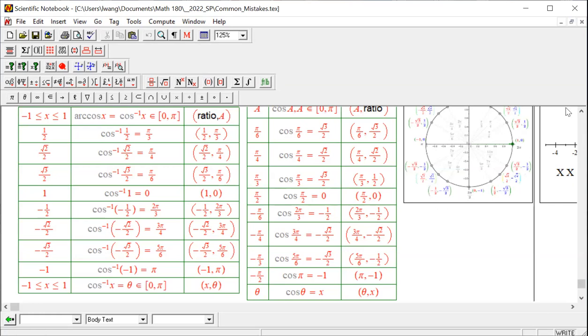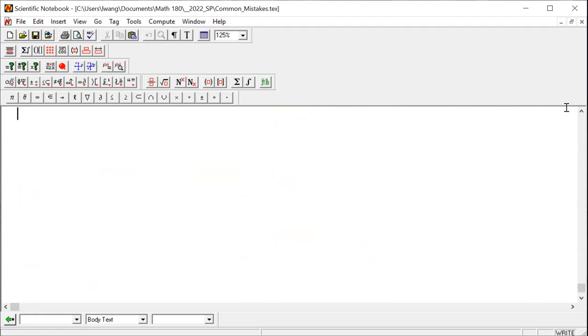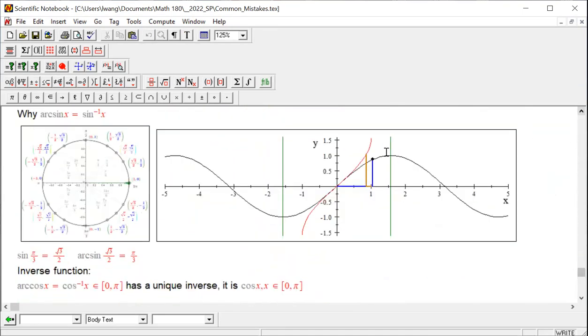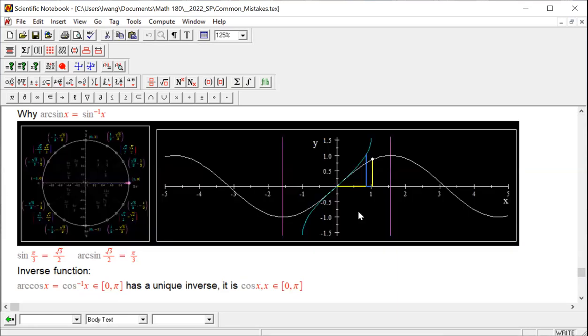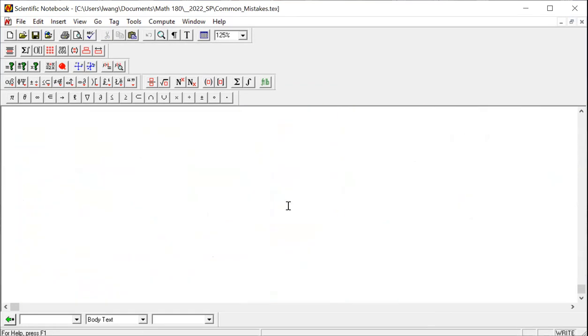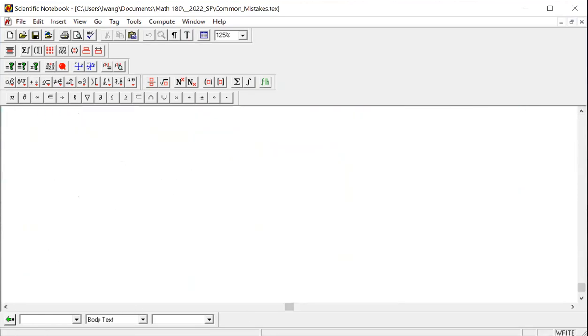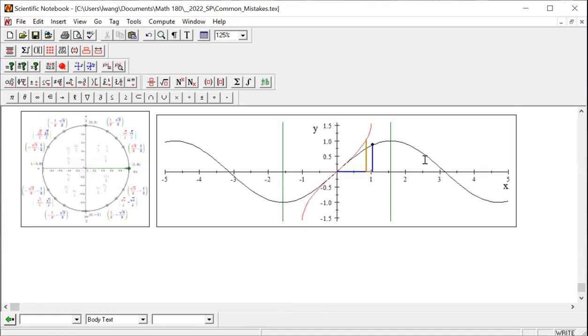Now, do we have a picture similar to that of sine? Of course. So I'm going to bring that picture to you. And of course, I need a unit circle again. I'm going to redo the whole thing.